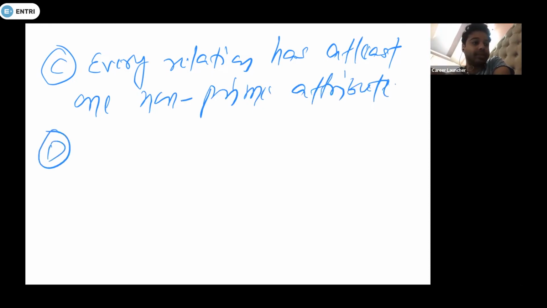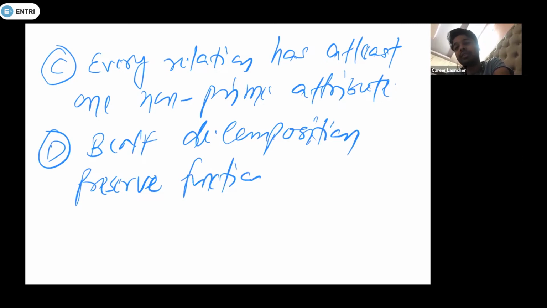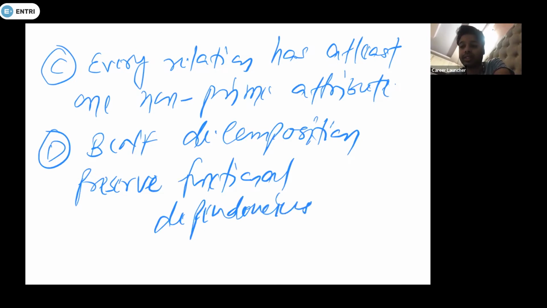D, BCNF decomposition preserves functional dependency. Okay, so let's see this one.